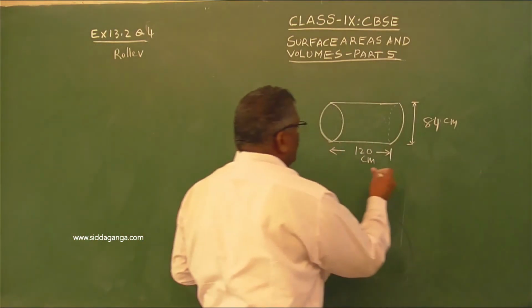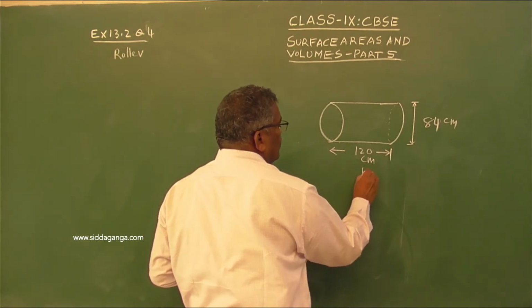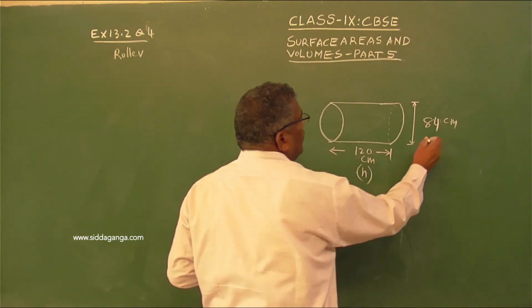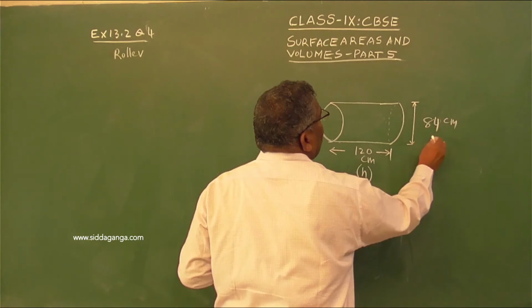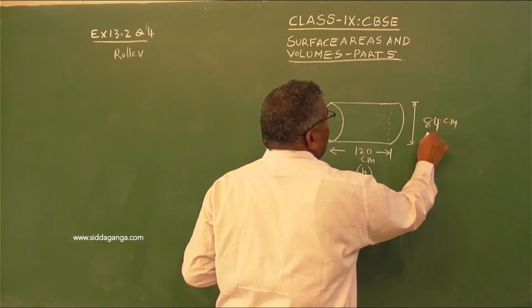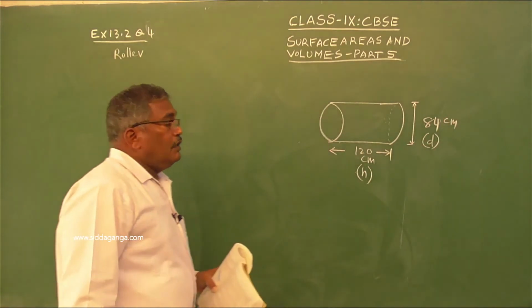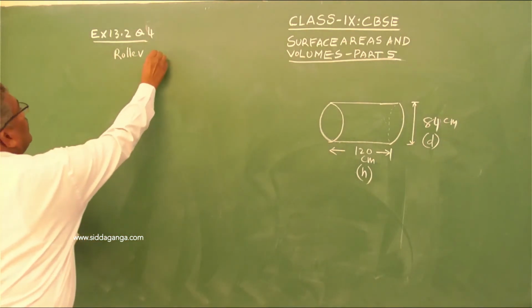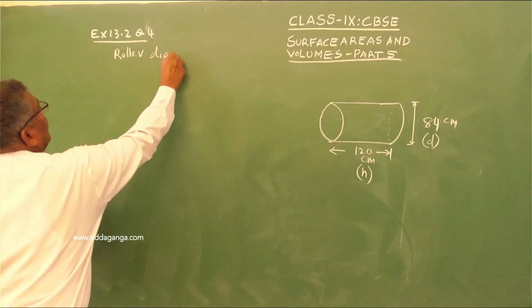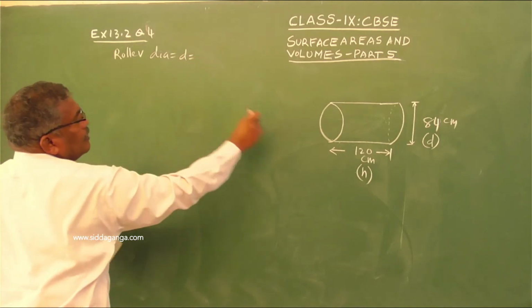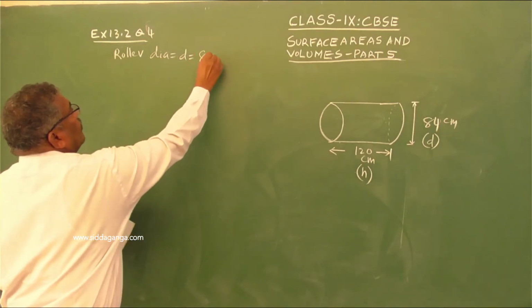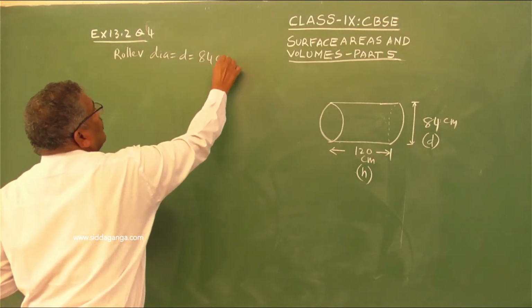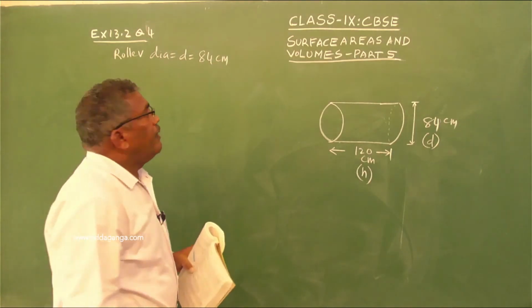So this refers to the H, height of the cylinder. This is diameter D. So roller diameter D equals 84 centimeter.